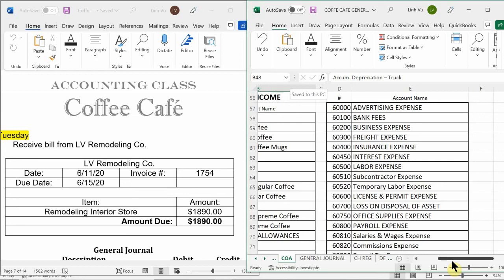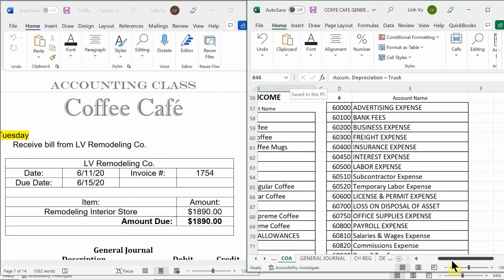You could actually recognize this as a business expense if you choose to do so, but I also have subcontractor expense, because LV Remodeling is a subcontractor. I'm hiring them to complete a job for me, which is separate from what I do for my operations, right? So in this case, subcontractor expense is going to be correct.